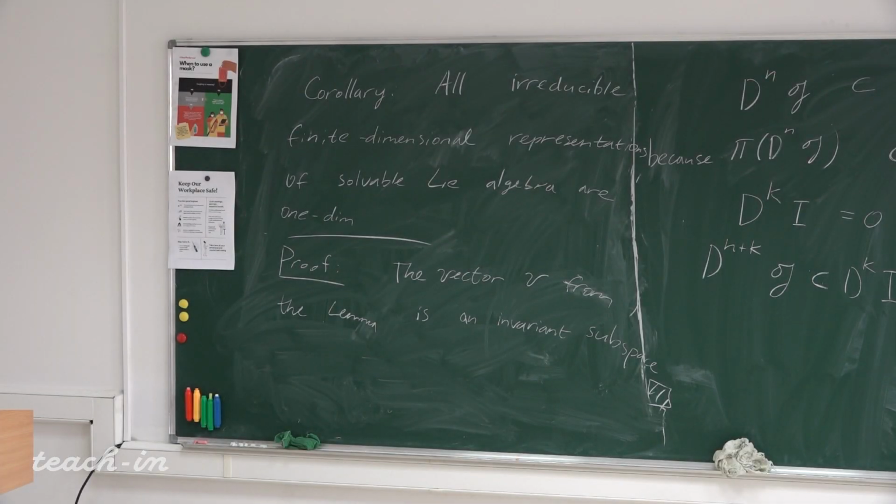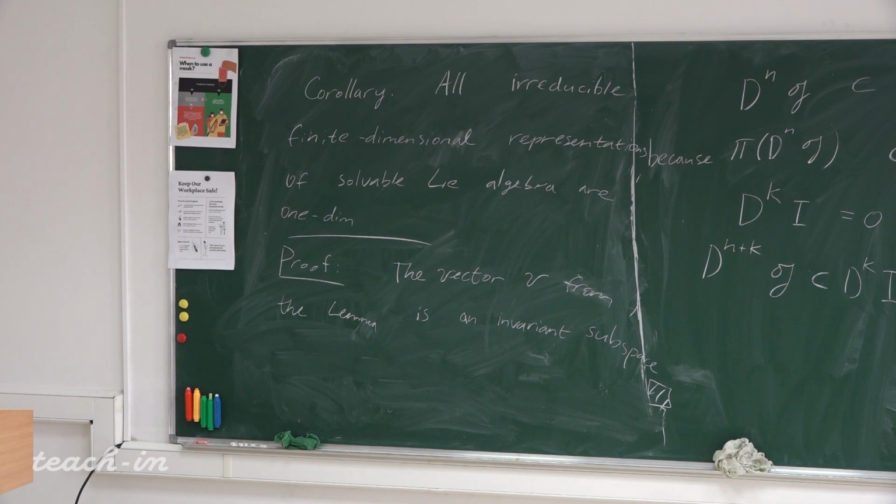Let's see some examples. For example, the easiest example of a solvable algebra is the abelian algebra, right? Abelian means the commutant of this algebra is 0.